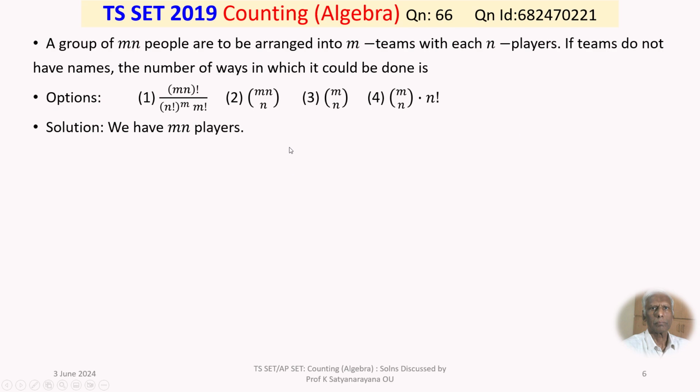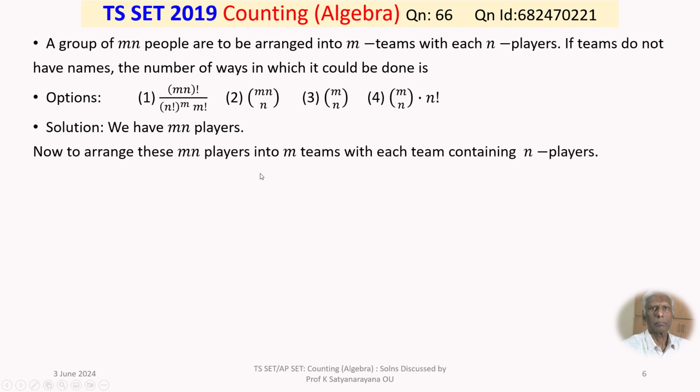We have mn players. Our problem is to arrange these mn players into m teams with each team containing n players. So what do we do first? First, choose n players from mn players.